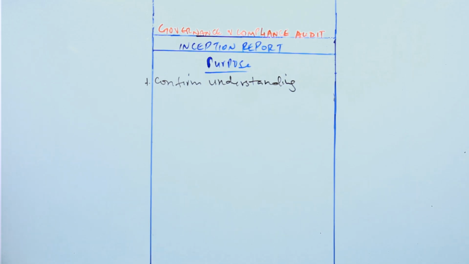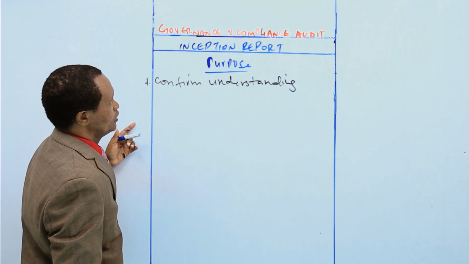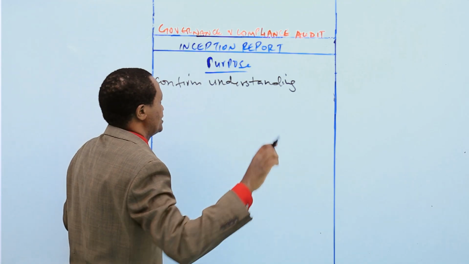The Inception report demonstrates the auditor's in-depth understanding of the client's business, its environment, the specific objectives of the audit, and the agreed upon scope of work as outlined in the request for proposal and the engagement letter. So the Inception report confirms that understanding.